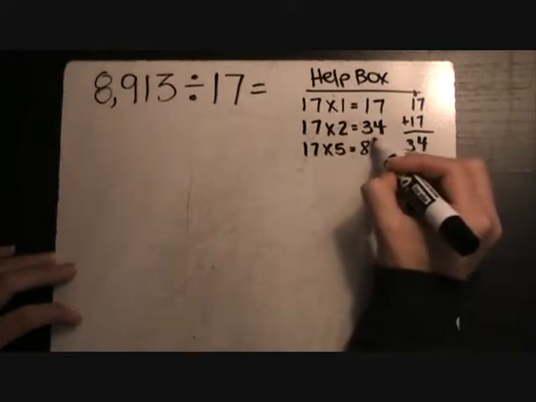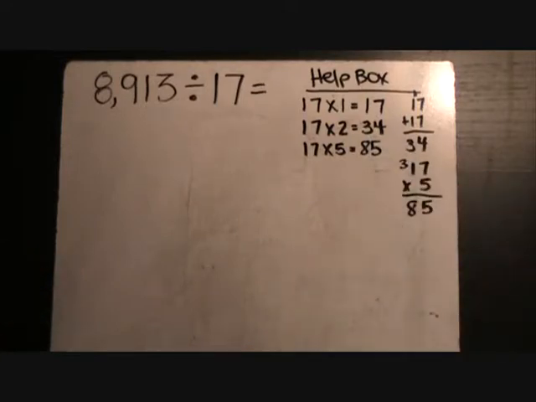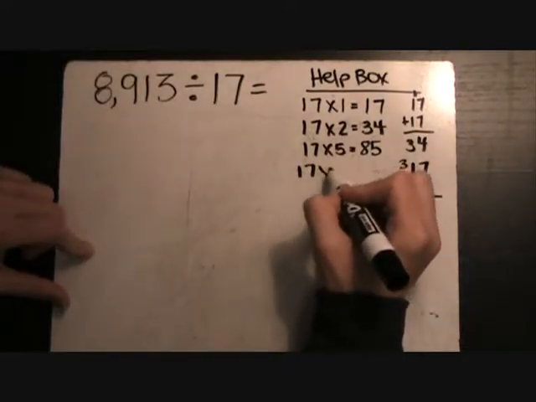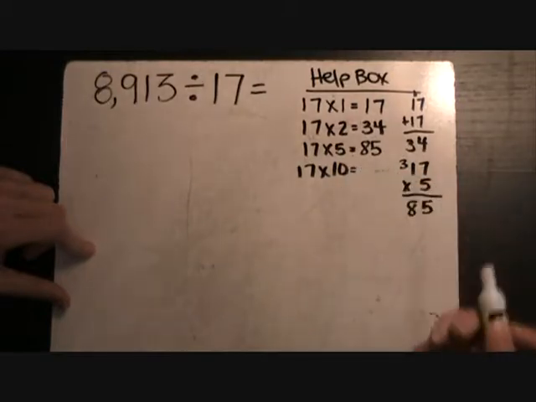So 17 times 5 is 85. Now, again, with partial quotients, you do not need to know all of your multiplication facts. As a matter of fact, if you know your divisor times 1, 2, and 5, then you can still solve the problem. So I have done 1, 2, and 5, and now I can say 17 times 10.